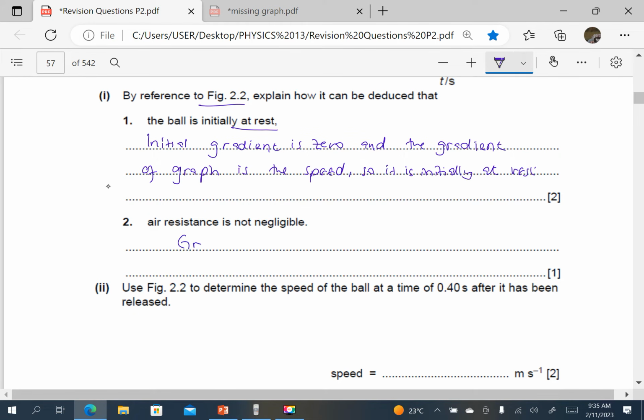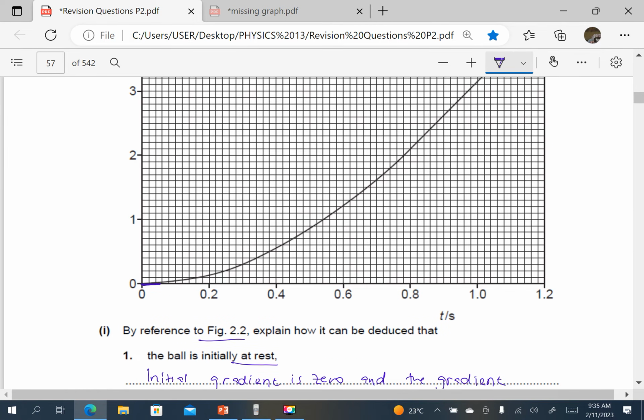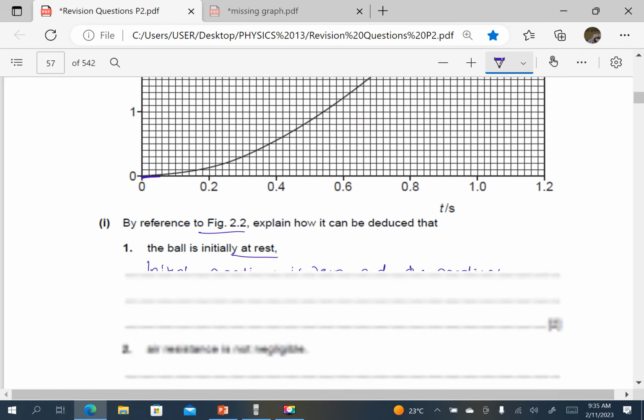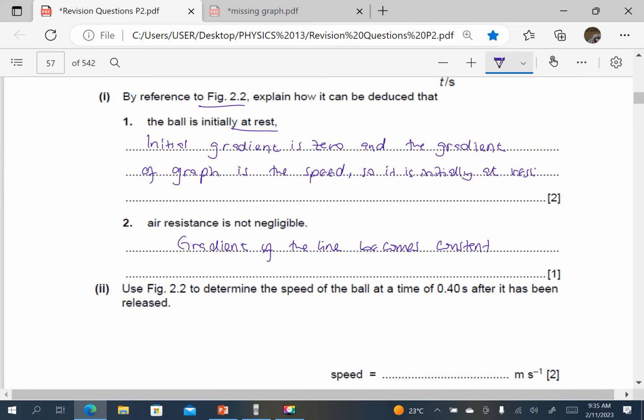So we can say the gradient of the line becomes constant at around 0.8 seconds. It now becomes a straight line.